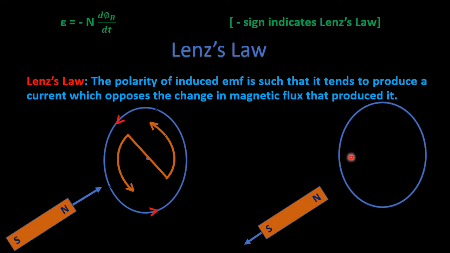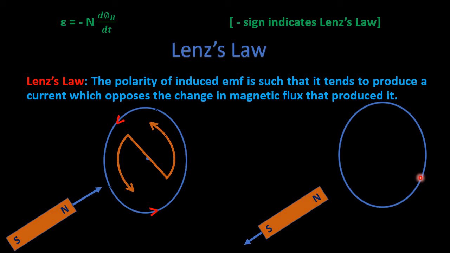To counter this decrease in magnetic flux linked with the coil, the current will be induced in the coil in such a way that it opposes the decrease in magnetic flux, and this is possible only if the current flows in the coil in the clockwise direction.